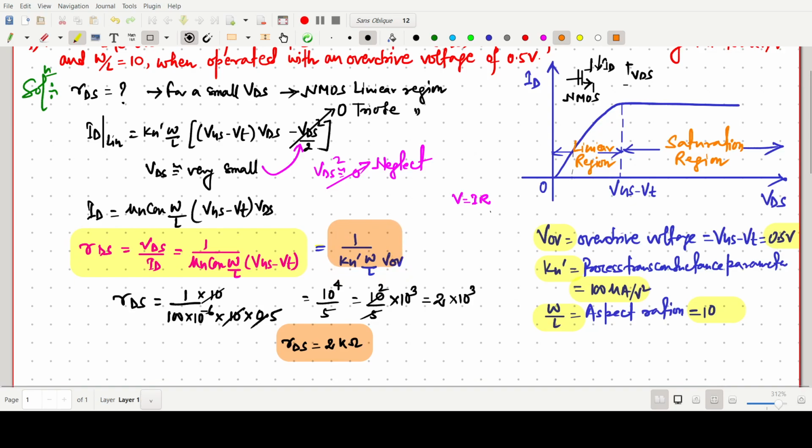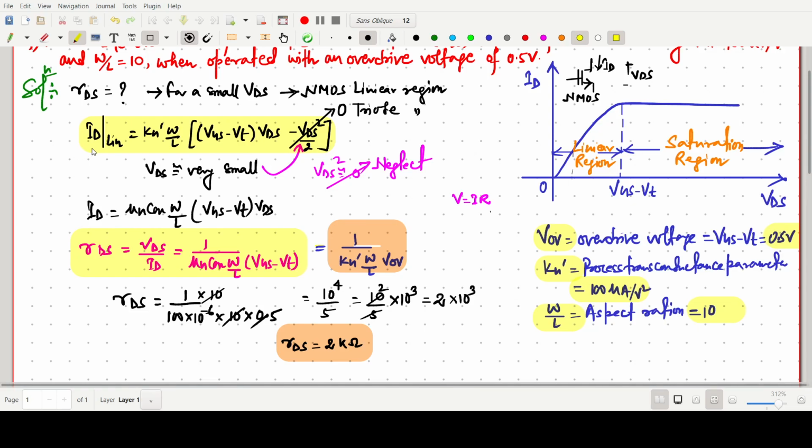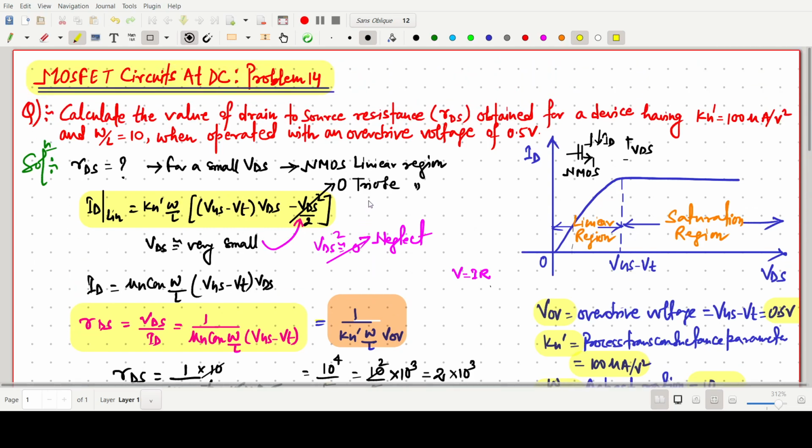After putting in every value, you can easily get the value of RDS. So this is all about this question. The drain current equation in the linear region is also a very important formula. This is all about this simple problem, and it is from the Microelectronics Circuits book. Thank you.